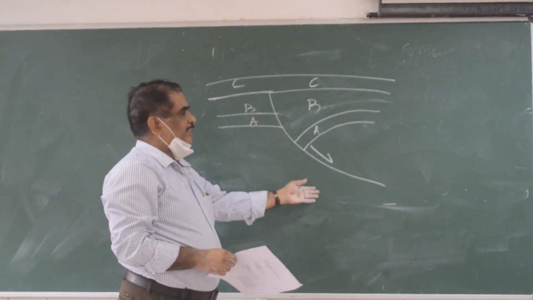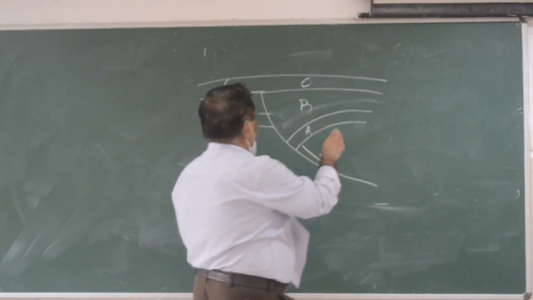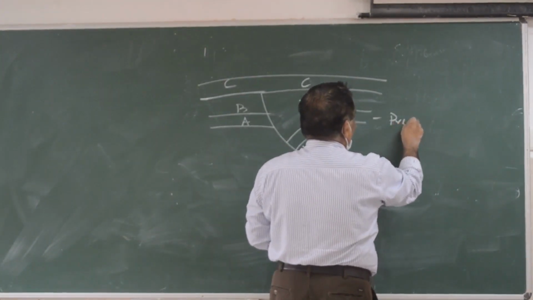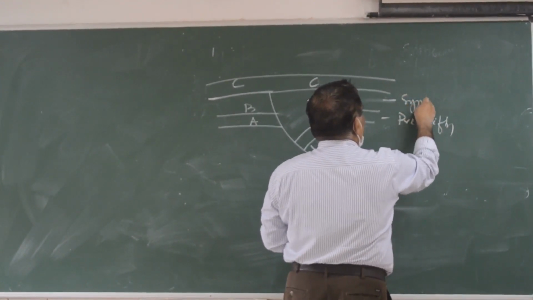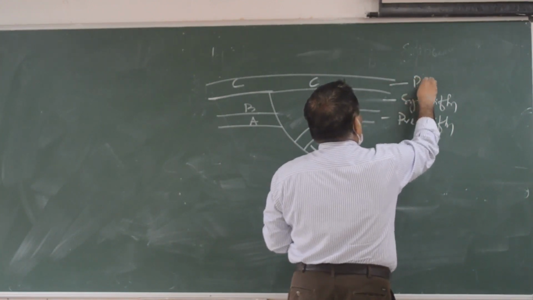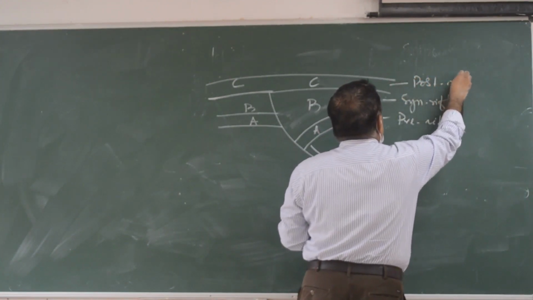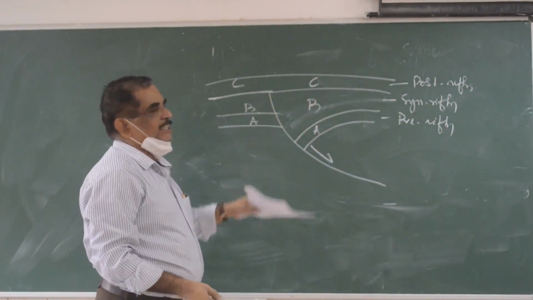This is the district fault. So he is asking what the A, B and C status is. So A is pre-drifting, B is syn-drifting, and C is post-drifting. So that is how it is to be defined.